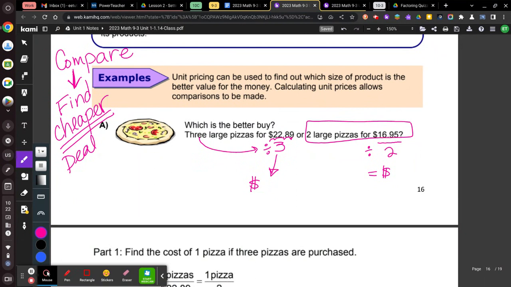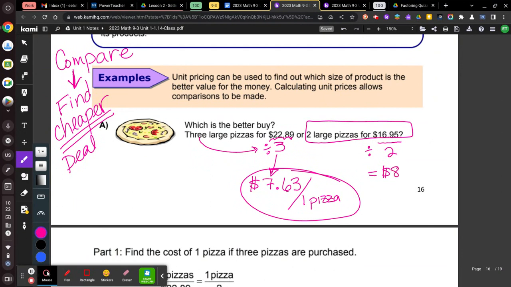All right, so let's take 22.89 divided by 3. We're going to get $7.63 for 1 pizza. That's what 1 pizza is going to cost. On the other one, we have 16.95 divided by 2.